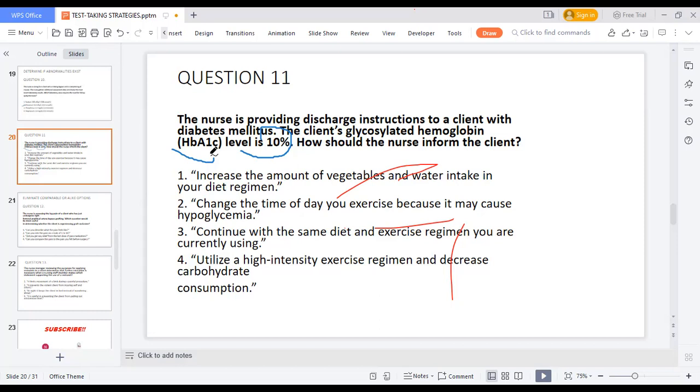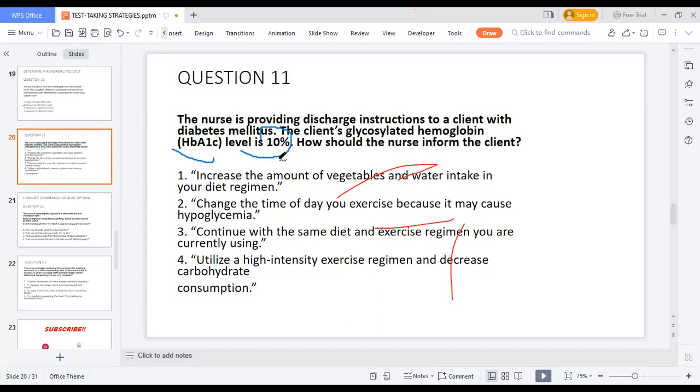A value can be abnormal, but it is not critical. That's for another class. So, increase the amount of vegetables and water intake in your diet regimen. Here, this value is abnormal, it's high. This is for diabetic clients. It should be less than 7%, okay?